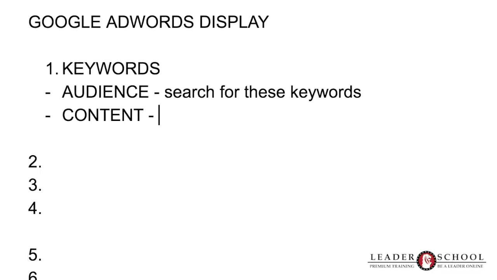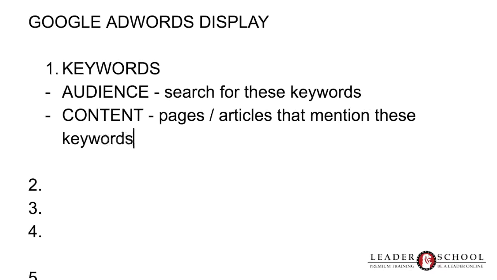And then you can target content. That means pages, articles that have these keywords inside them, that mention these keywords. So you have one way of targeting keywords, and this one way has 2 subsections, audience and content.